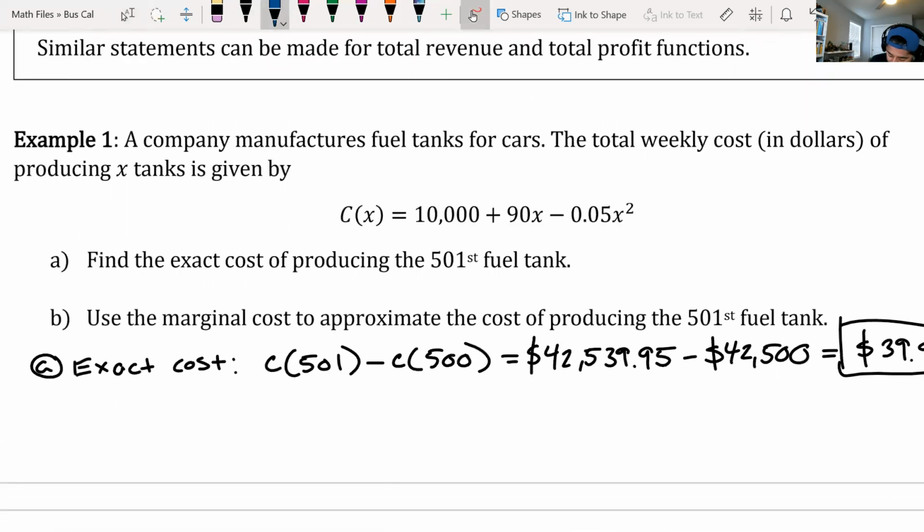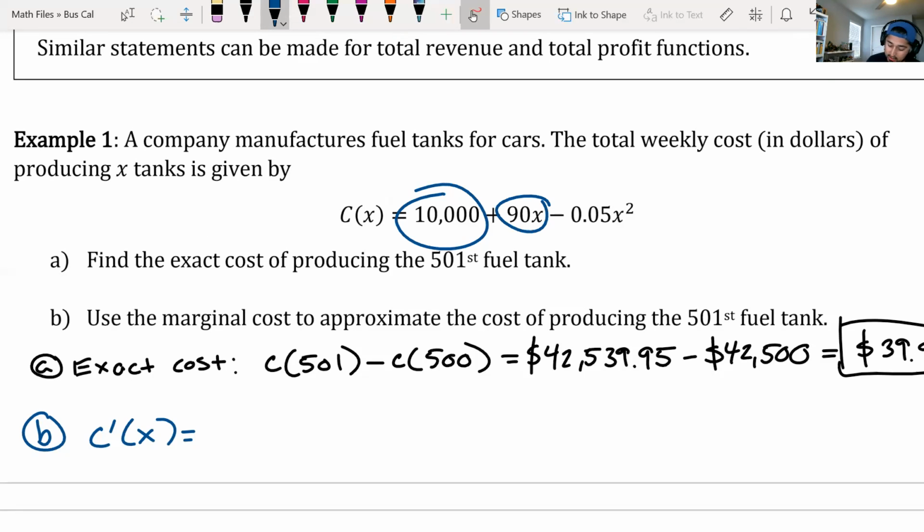So for B, we're going to say C prime of X. And if we remember our shortcut derivative rules from Monday, what is the derivative of 10,000? 0. Good. What is the derivative of 90x?